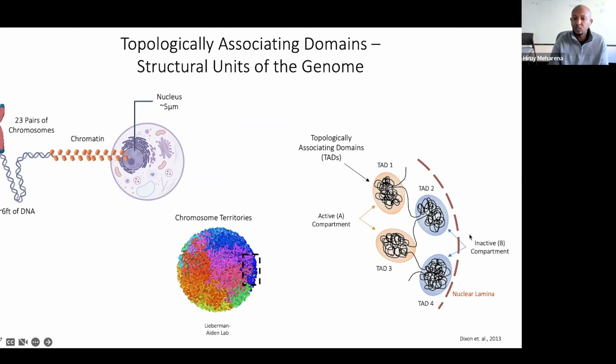This is where the topologically associating domains that have genes that are not required for that cell will be localized. And towards the nuclear core, the topologically associating domains that harbor the genes that are required for that cell type will be localized in the active or A compartment, and these genes will be expressed, whereas the ones in the B compartment will be silent.